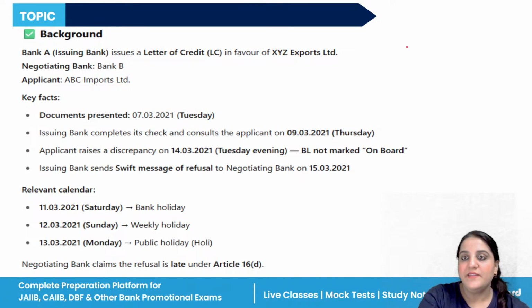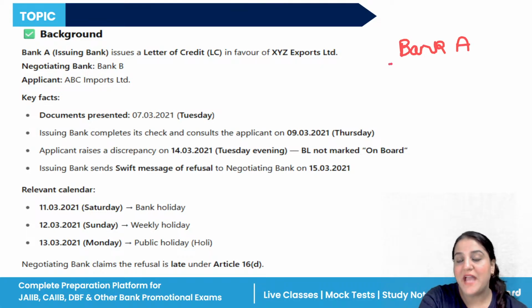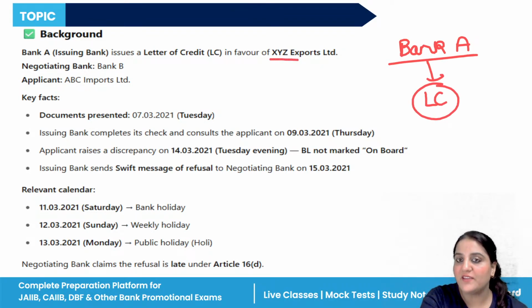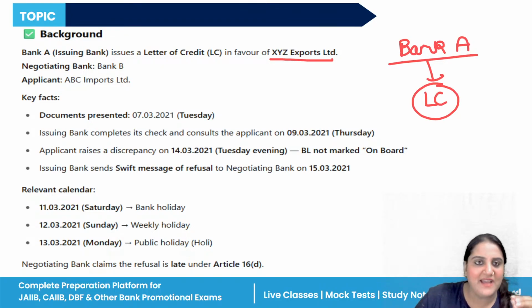Okay. There is a bank A that issues an LC in favor of XYZ Exports Limited. Negotiating bank is there, Bank B. Applicant is ABC Imports Limited. Facts are that documents are presented on this day. Issuing bank completes all the checking and consults the applicant by Thursday.